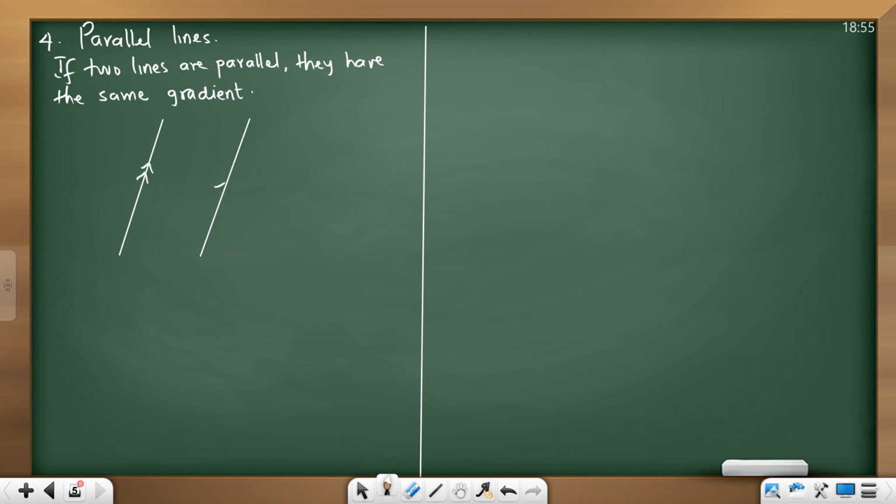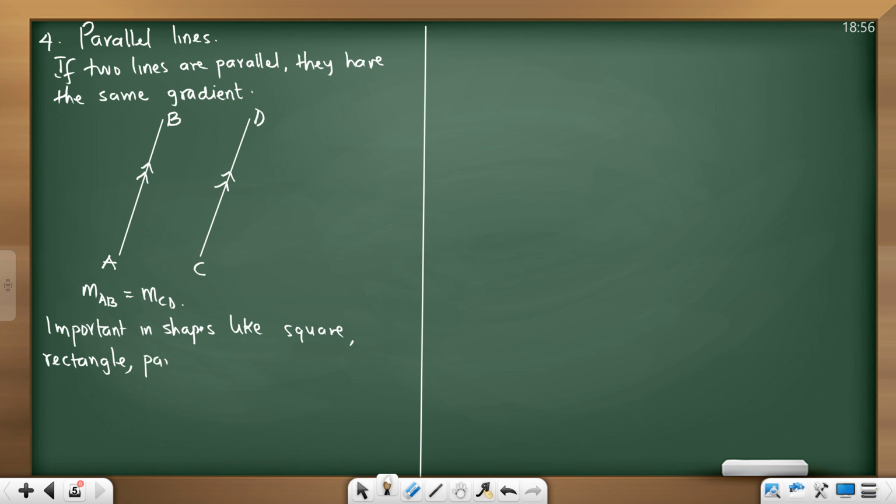If two lines are parallel, then, for example, you have a square, a rectangle, a parallelogram, gradient of AB. This is very, very important in shapes like parallelograms.